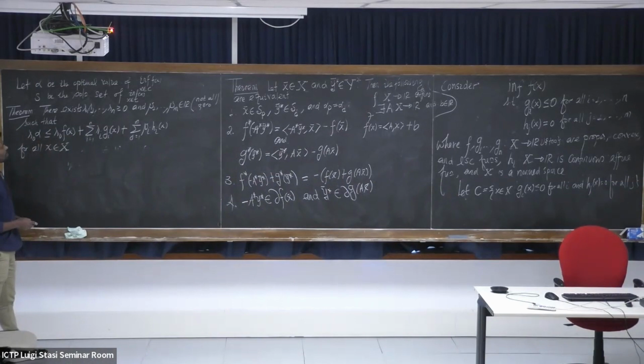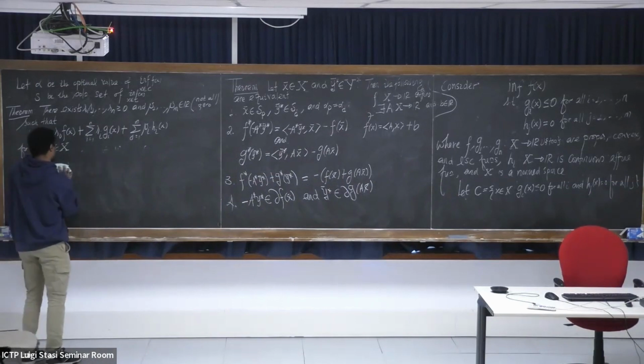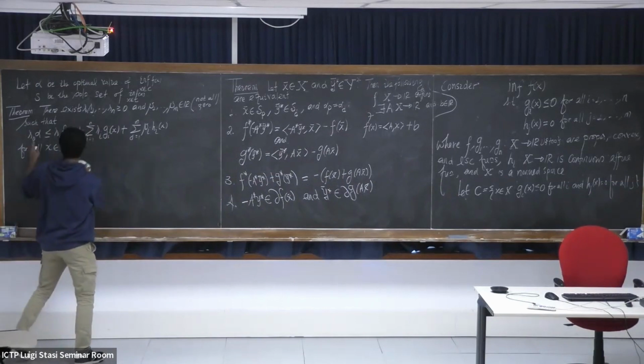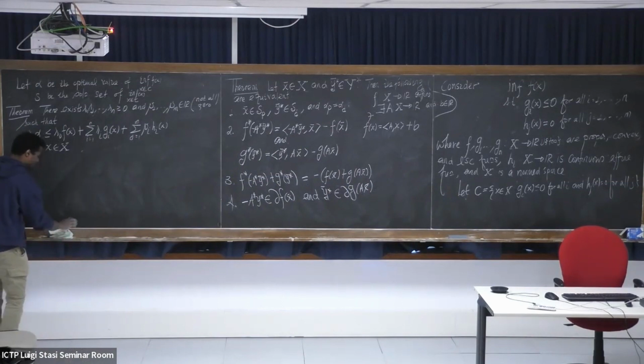So we don't have a guarantee that this lambda naught is 1. The very important reason follows after the following constraint qualification.